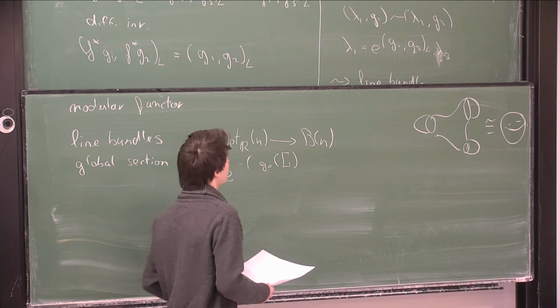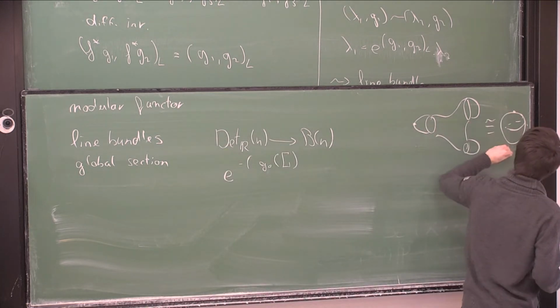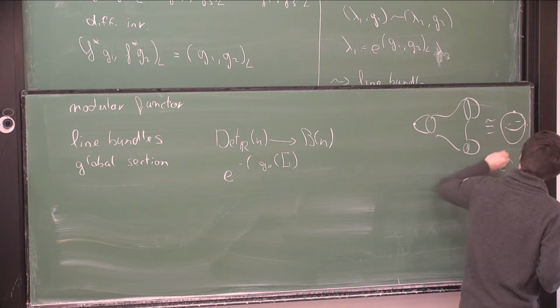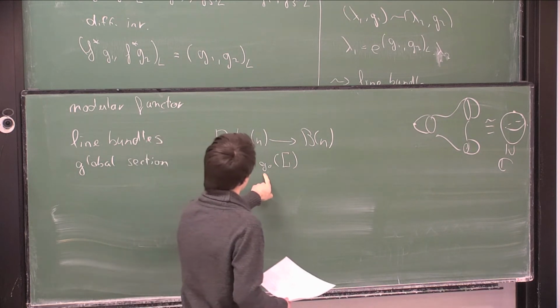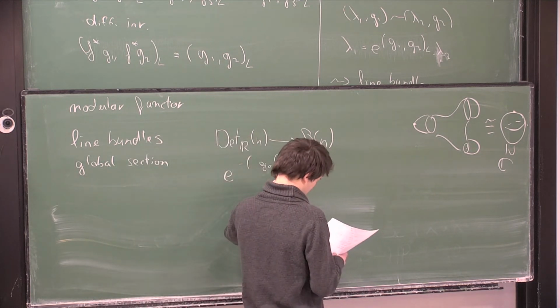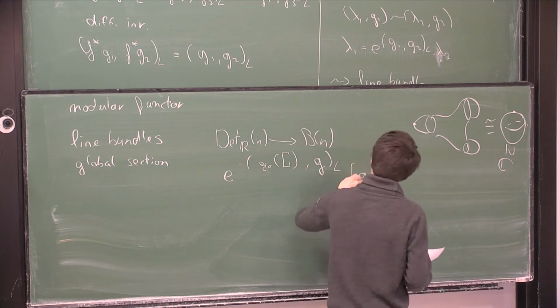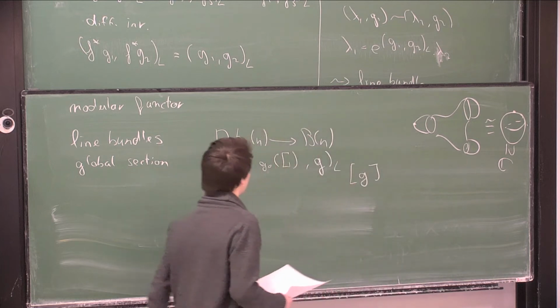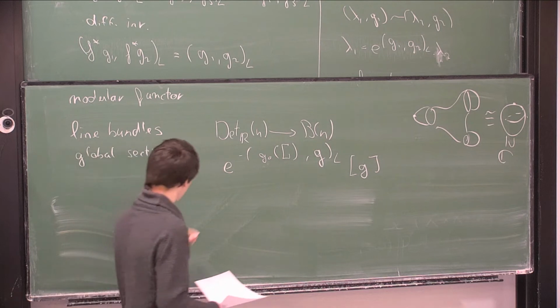Or you can actually pull back the flat metric because the 0 will always be here. So you can take C as a subset and you pull back the flat metric. And what you get is that you can take the pairing between this flat metric and an arbitrary different one, and then just take the equivalence class of that one, and you get a global section.